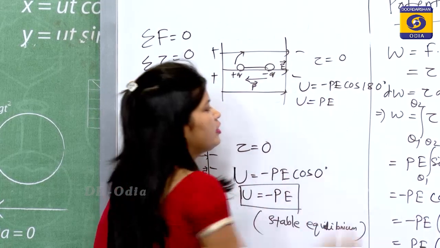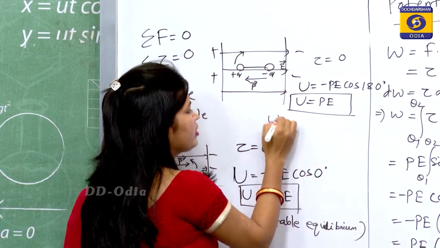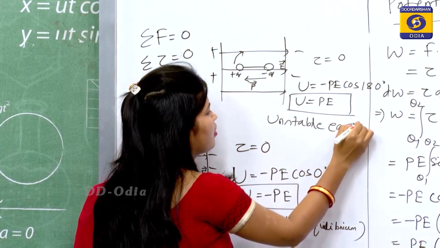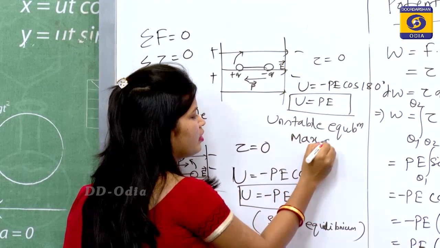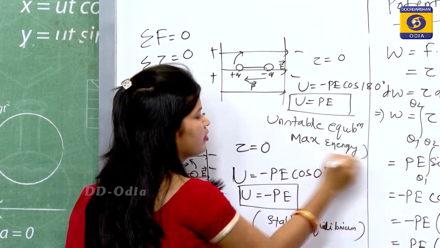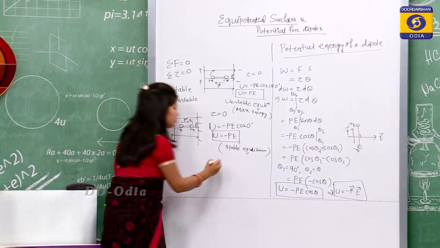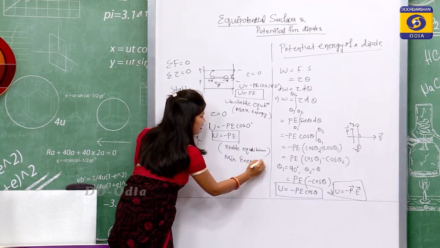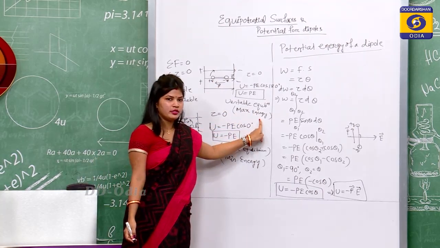So we get the energy plus P E. That means it has unstable equilibrium and the dipole has maximum energy. Remember this: in stable equilibrium the dipole has minimum energy, and in unstable equilibrium the dipole has maximum energy.